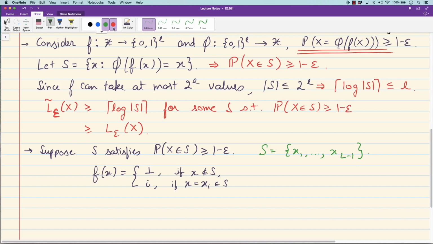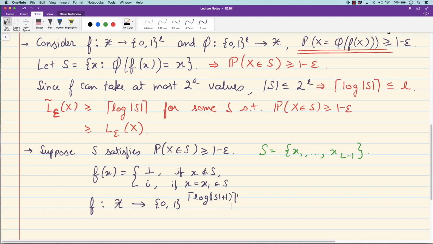Therefore, F is a mapping from X to 0, 1 to the power log of L. Okay, so this is 0, 1 to the power log of cardinality of S plus 1.